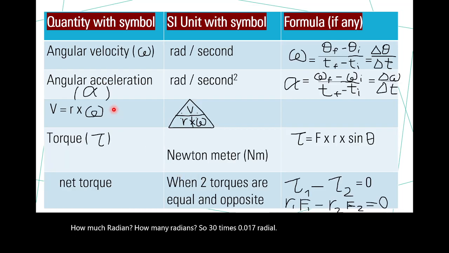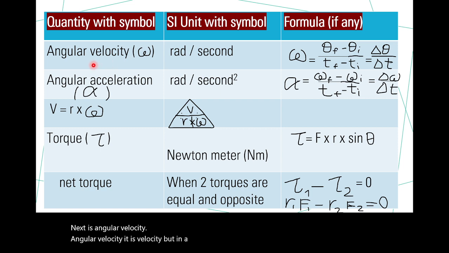Next is angular velocity. Angular velocity is velocity in a circular, rotational motion. The letter is omega, similar to W, and the unit is radian per second.